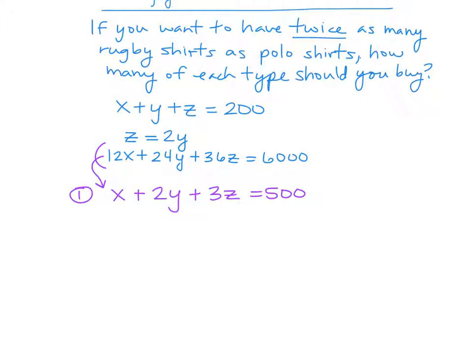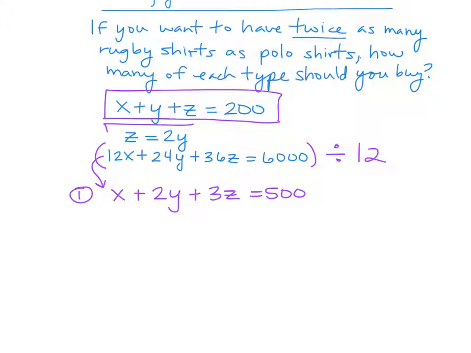We just took this and divided by 12 on all of them. Isn't that such a nicer set of numbers to work with? So you have these 3 equations now. 1, 2, 3.